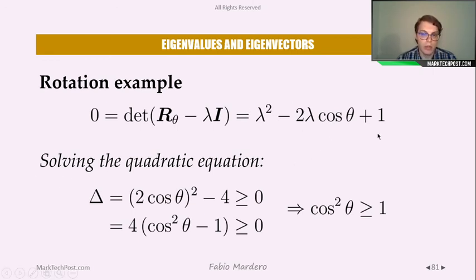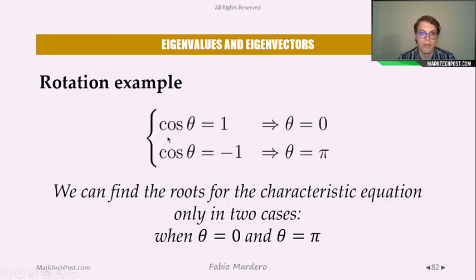This is a quadratic equation, and to solve it, we have our delta. So the square of the cosine of theta must be equal to 0, and there are only two solutions for this. The first case is that the cosine of theta is equal to 1. The second case is that cosine of theta is equal to minus 1.